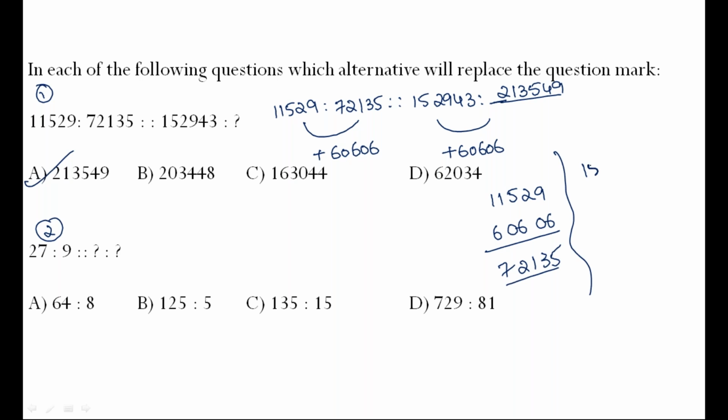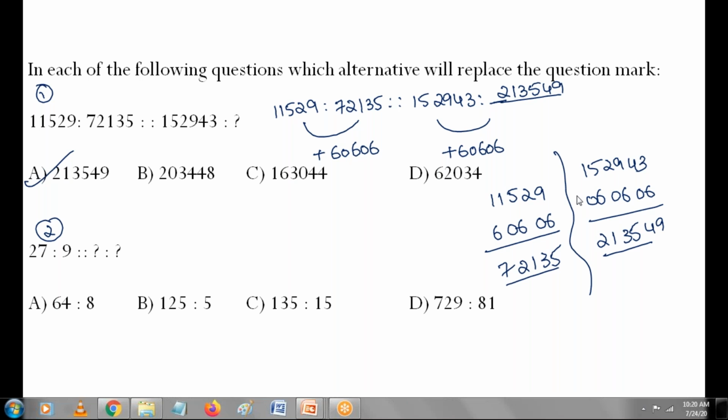Here 15, 29, 43, we should add 6 for these two-digit numbers. 43 plus 6 is 49, 29 plus 6 is 35, 15 plus 6 is 21. So that's option A. Here they are doing addition, 60,606. Now see the next one, friends.